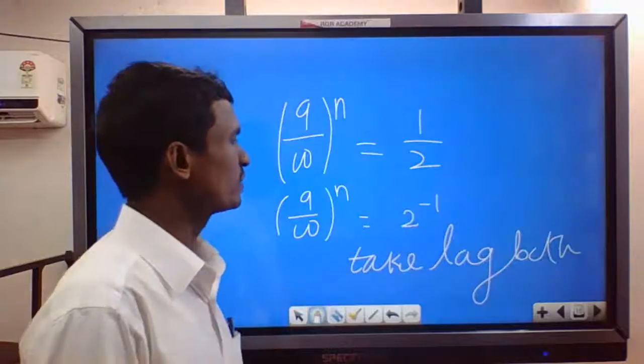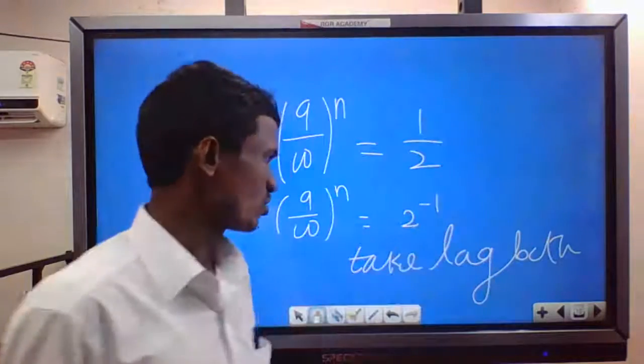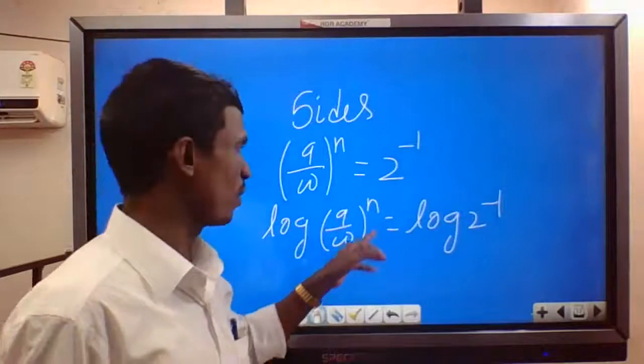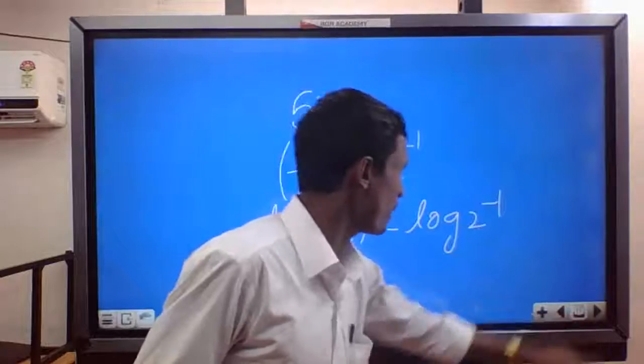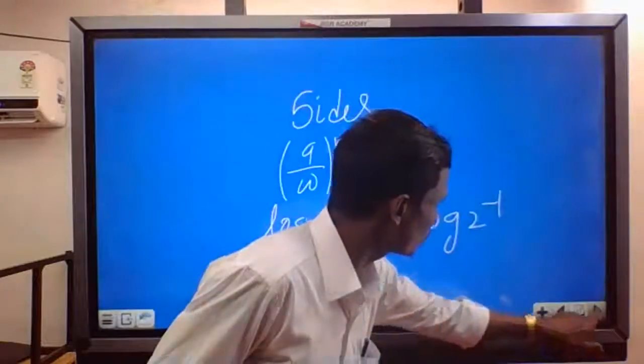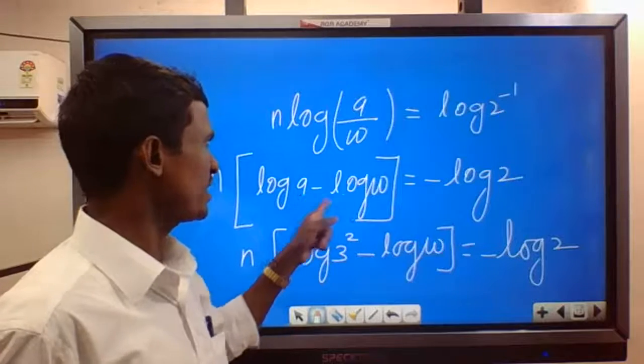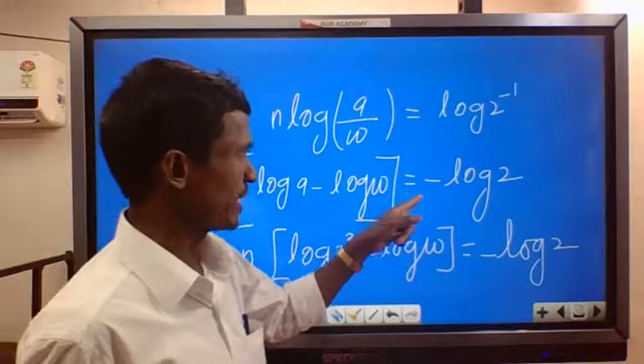Should write down what? 2 power minus 1. Take log on both sides. So log (9/10)^n equal to log 2 power minus 1. So n(log 9 minus log 10) equal to minus log 2.